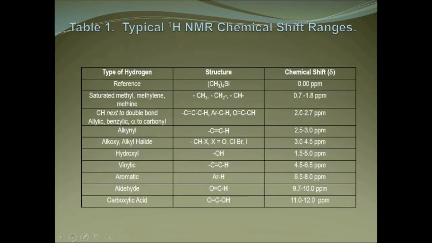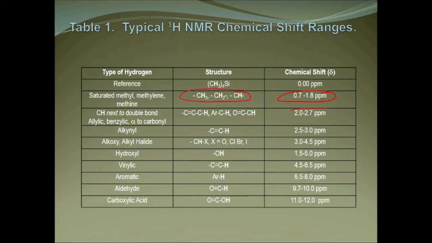And we use the ppm scale in a manner similar to the way we use the frequency scale in IR. We look at a particular range. For example, if we have a peak between about 0.7 to 1.8 ppm, this correlates to plain alkyl CH.